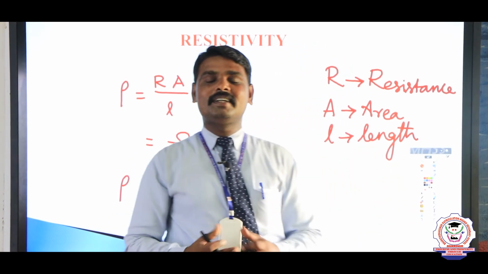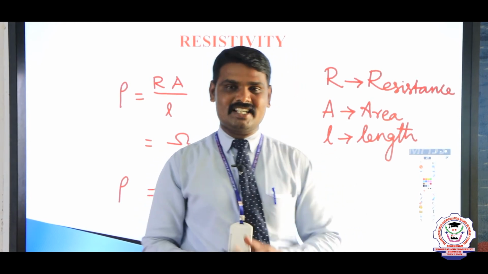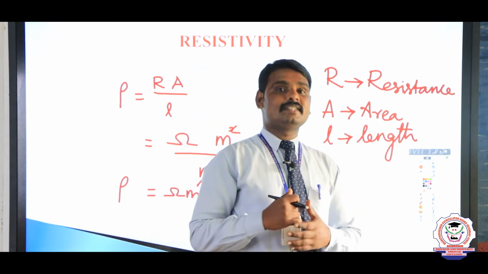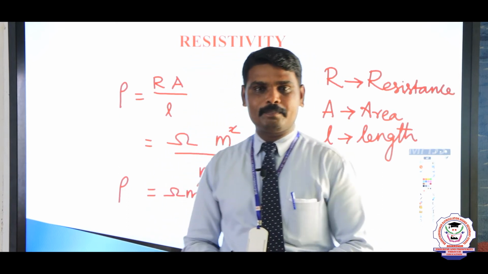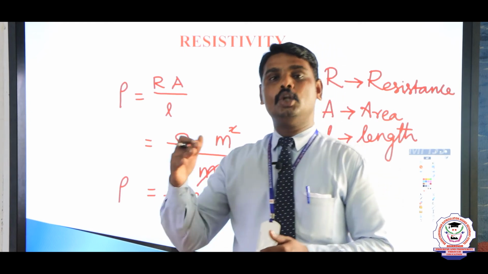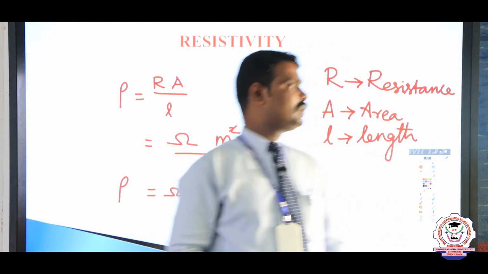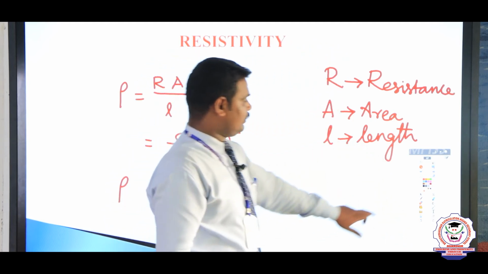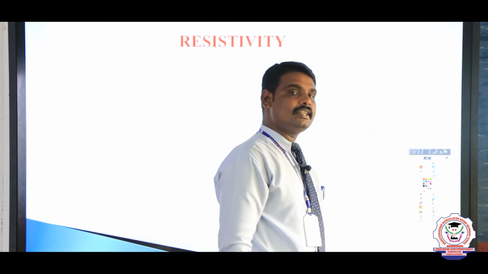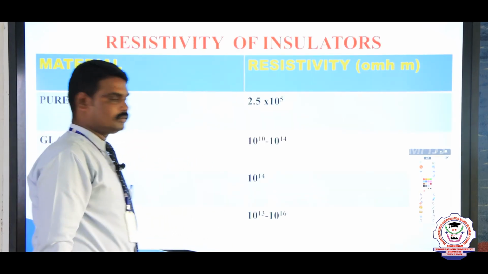The conductor has low resistivity, the insulator has high resistivity, and the semiconductor has partial resistivity, which means lower than the insulator and higher than the conductors. We will see one by one how much resistivity is present in insulators.